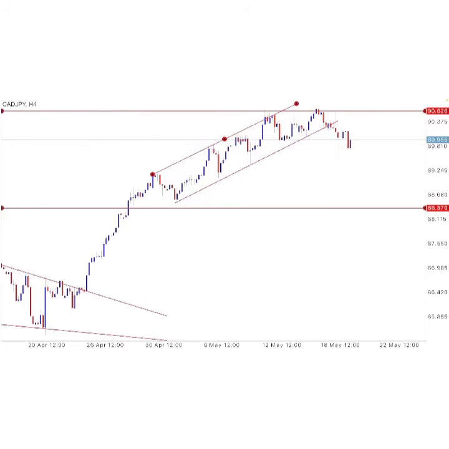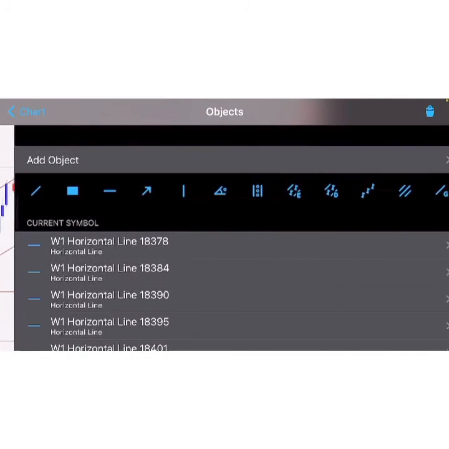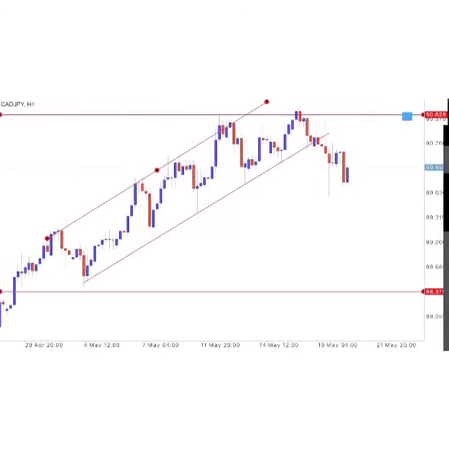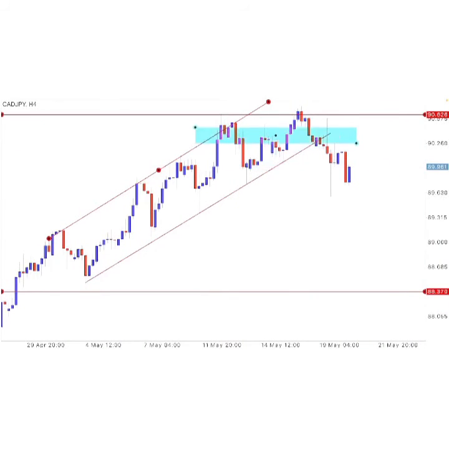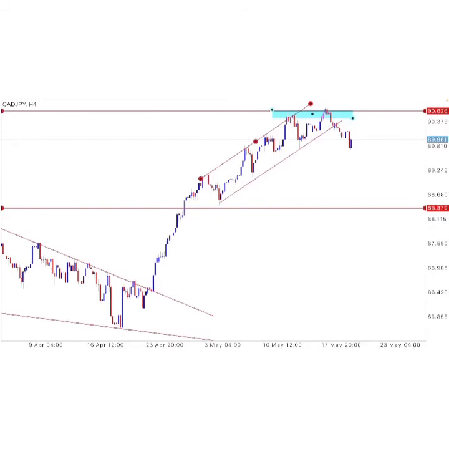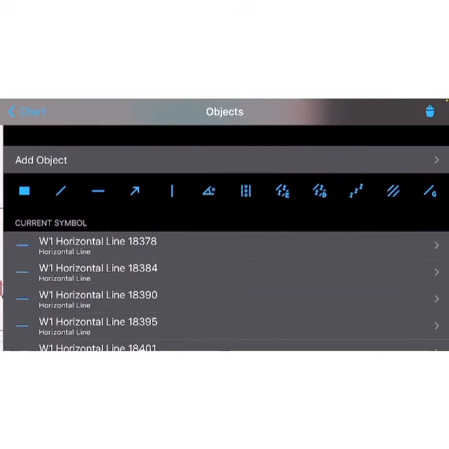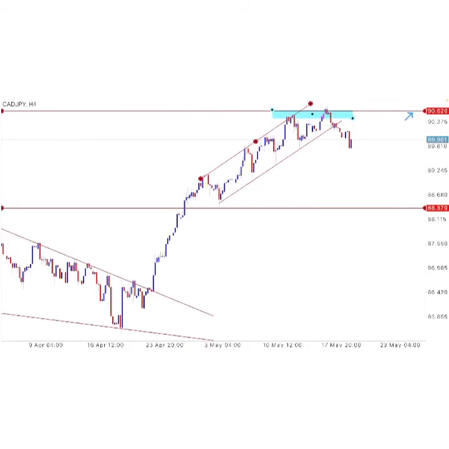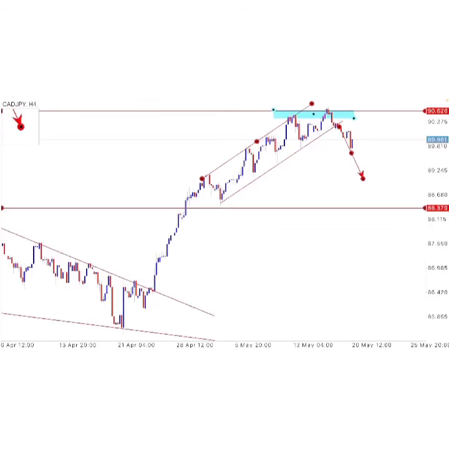If you watch my previous videos, I said that if our pattern is moving towards the upside, there's more possibility that it will drop from the downside. So after the rising wedge, the price dropped.